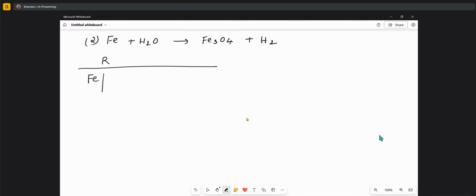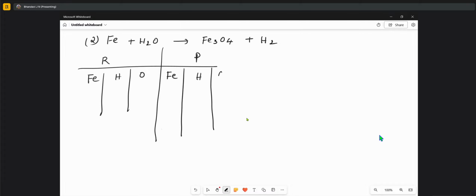Iron, hydrogen and oxygen. And in the product you should have the same elements only, because whatever you put, that only will react. So here also iron, hydrogen and oxygen. Iron, you have 1 here, 2 hydrogen and 1 oxygen.